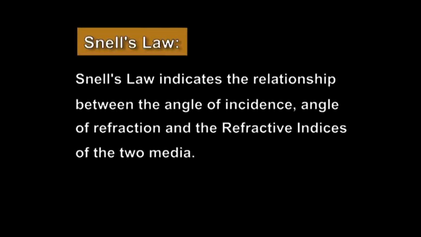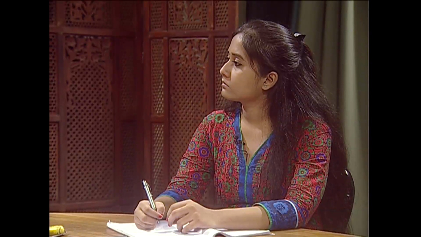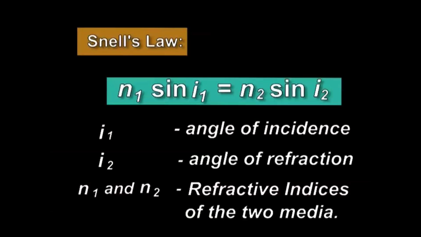Now Snell's law actually gives a very good idea of the refractive angle and the angle of incidence and how they are linked with the refractive indices of the two media. So let N1 be the refractive index of the medium of incidence and I1 the angle of incidence, and similarly N2 be the refractive index of the second medium, and I2 the angle of refraction.